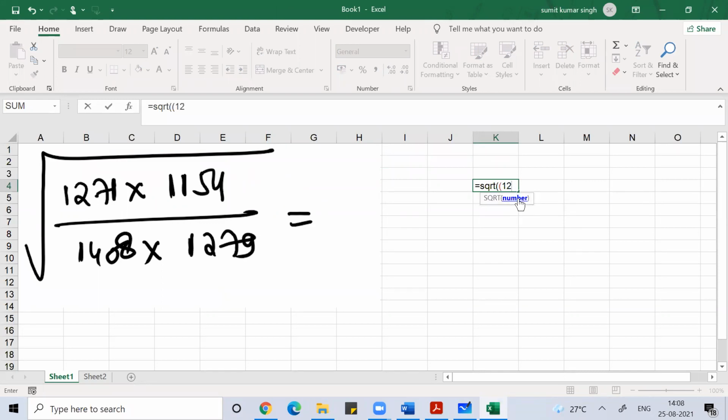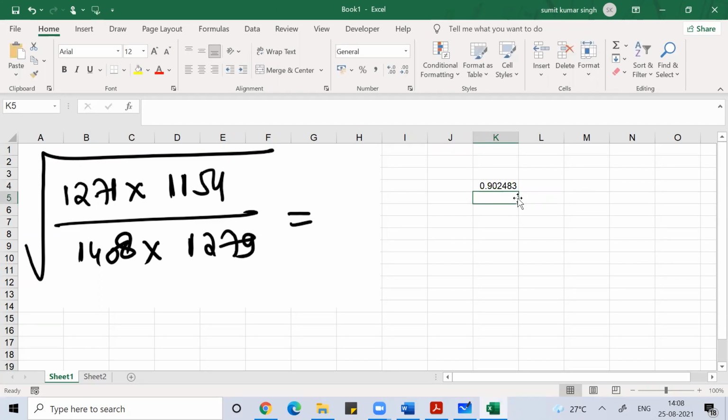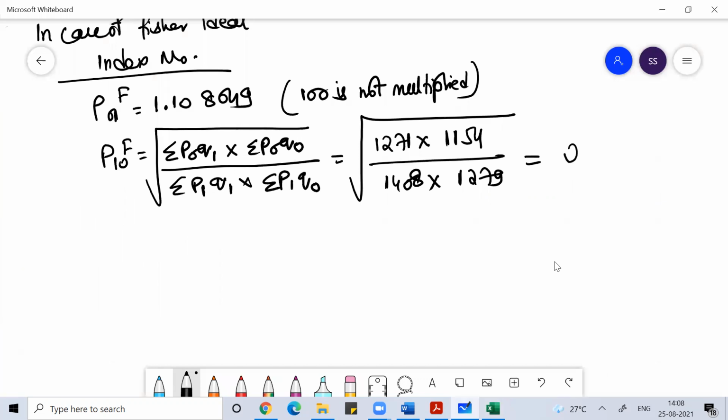This is 1271 into 1154, divided by 1408 into 1279. This is 0.902483.